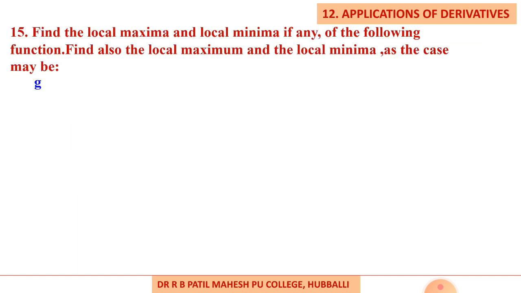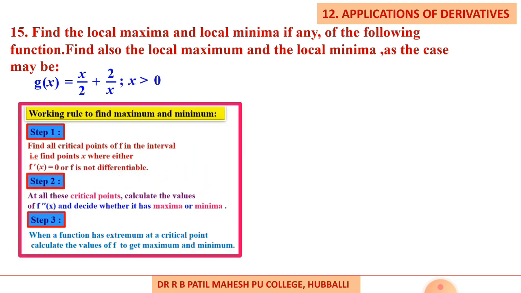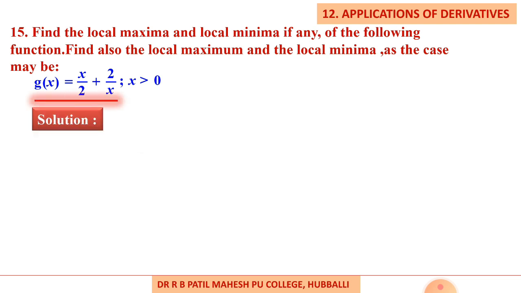Next, example number 15. Find the local maxima and local minima, if any, of the following function. Find also the local maximum and local minimum values, as the case may be. g of x equal to x divided by 2 plus 2 by x, where x is greater than 0. This is the working rule for the double derivative test.